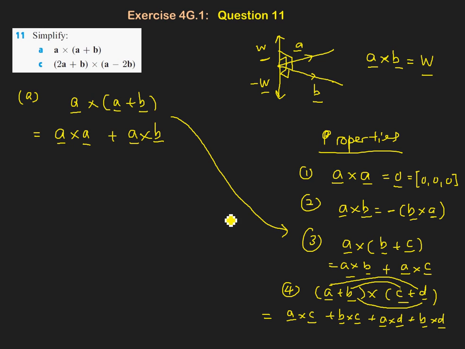A cross A we know is the zero vector, so zero vector plus A cross B. If you simplify this, you get A cross B. I'm going to do a little bit of part C, but not finish it.